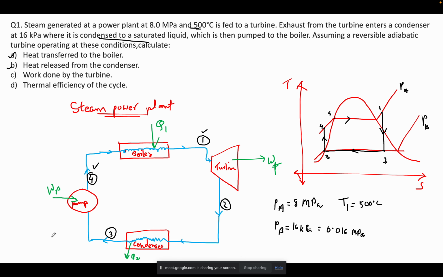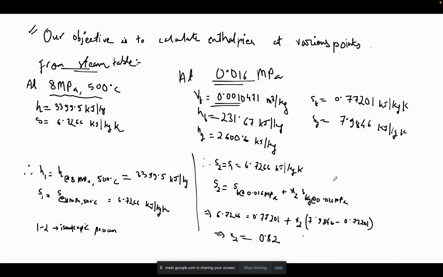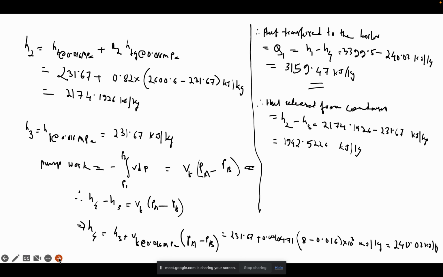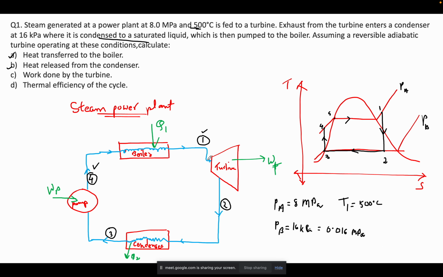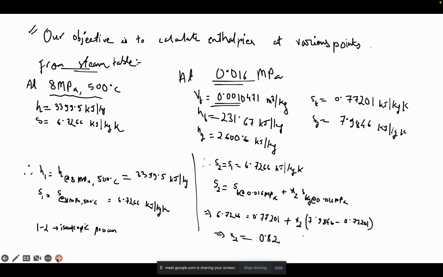Then work done by the turbine. This is your Q2, that is equal to your WT, and because turbine work is from 1 to 2, it will be H1 minus H2.